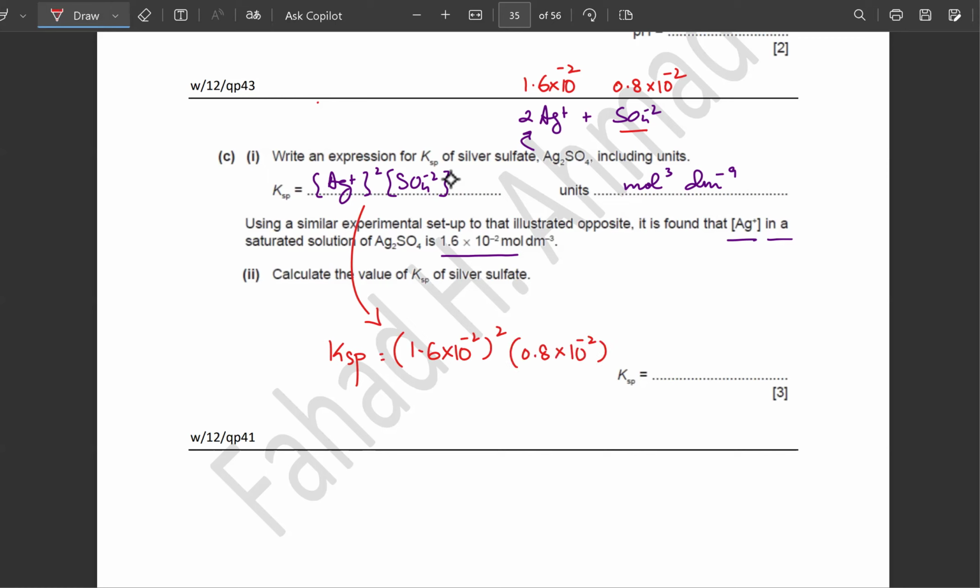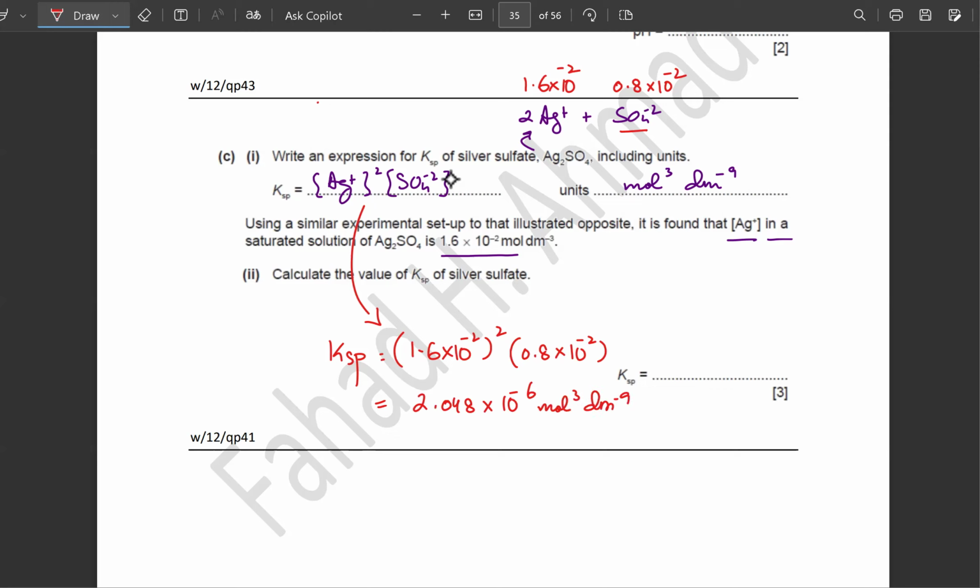So what do we get? 2.048 multiplied by 10 to the power minus 6, and that's mol cubed dm to the power minus 9.